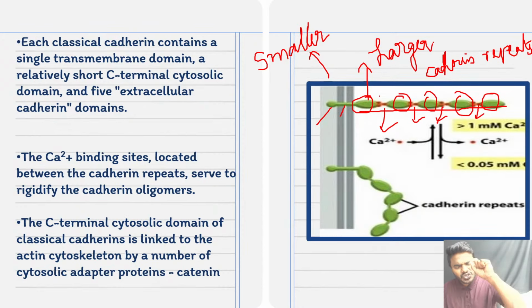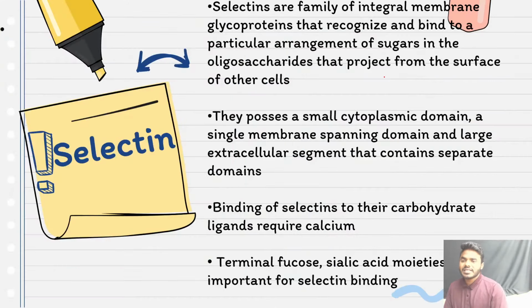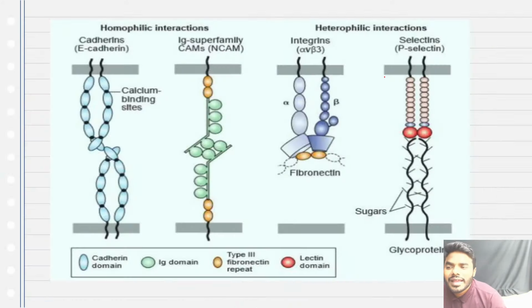So calcium is extremely important to associate one cadherin with another. And as I already told you, only the C-terminal domain or the cytosolic domain can be connected to the cytoskeleton. That is about the cadherin molecule.